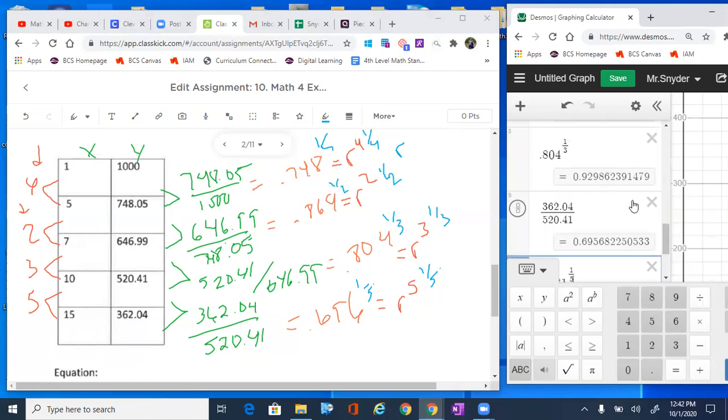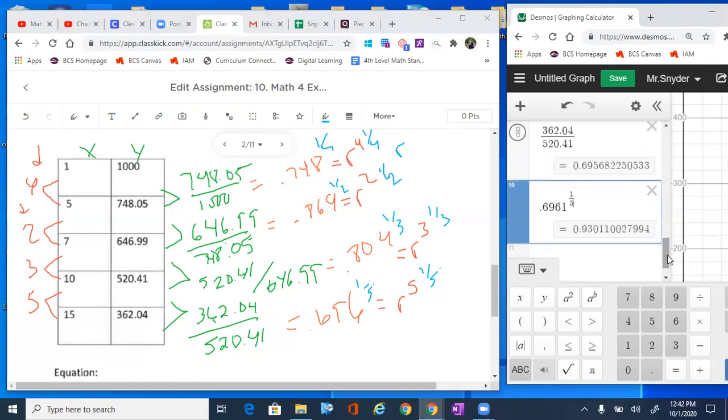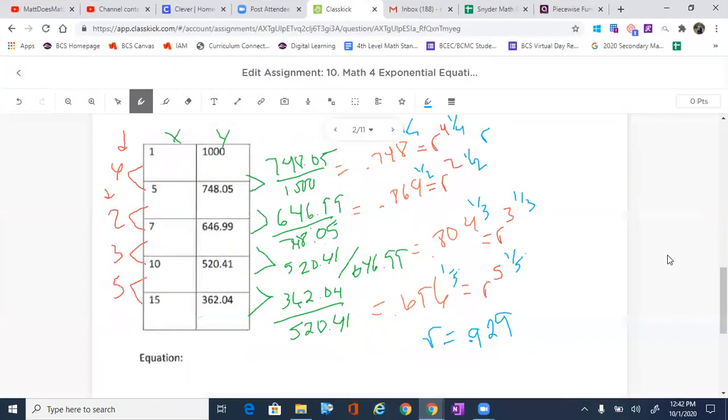Look at 0.929, 0.93. So that tells us automatically that the rate is going to be 0.929. Now, since we are looking for an exponential equation, and remember an exponential equation is y equals a times b to the x, this is our rate, and we've figured that out.